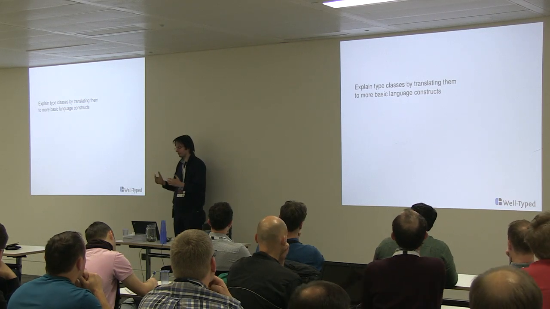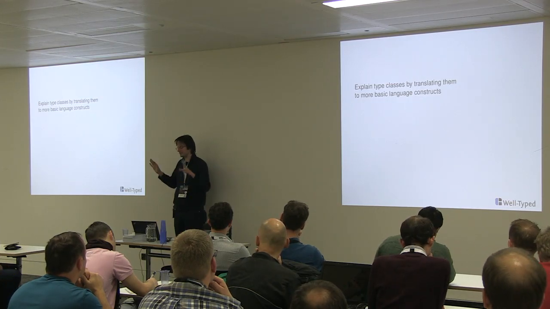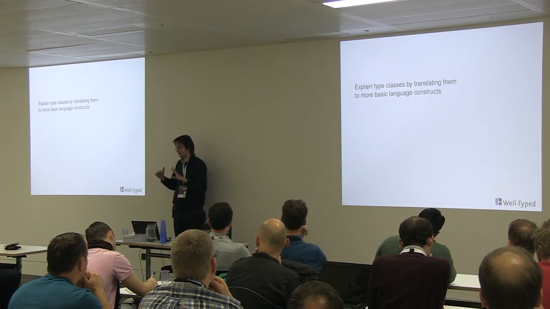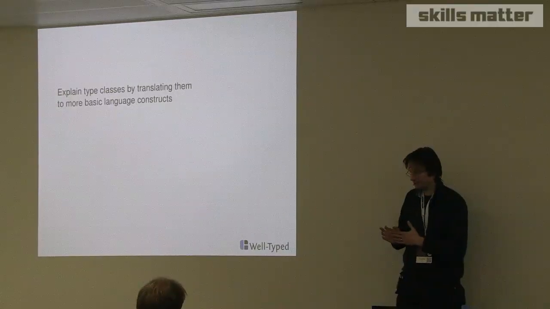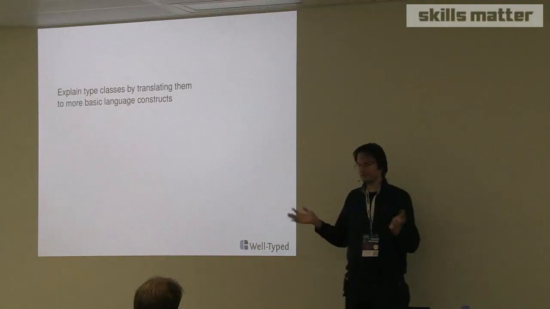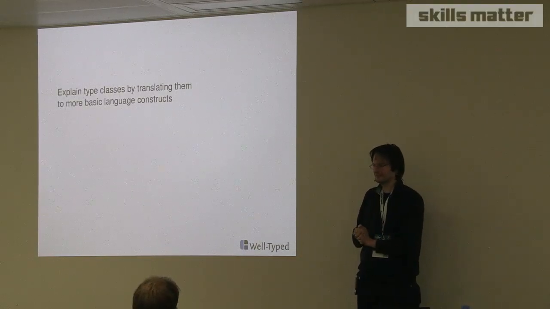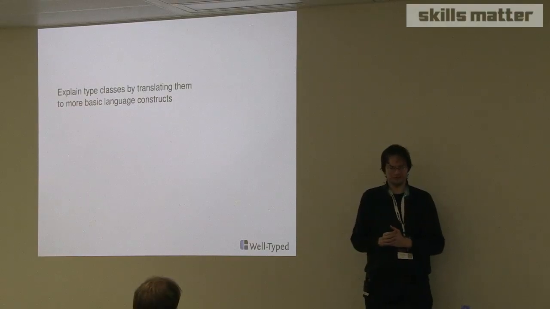And core is much, much simpler than all of Haskell. And there are lots of other features that get desugared away and simplified away. We're just going to try to translate a Haskell with type classes into a Haskell without type classes. So keeping all the other features around.